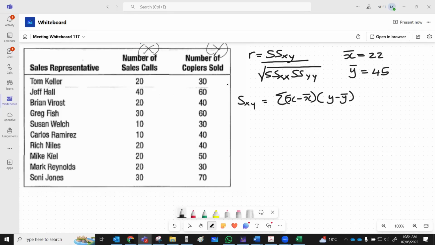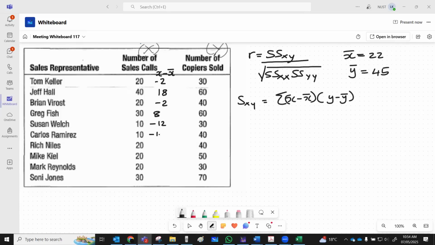Then from each of these values, we are going to subtract the mean. So I start with x minus x bar. I'm just trying to save space. So 20 minus 22 is minus 2. 40 minus 22 is 18. 20 minus 22 is minus 2. 30 minus 22 is 8. 10 minus 22 is minus 12.